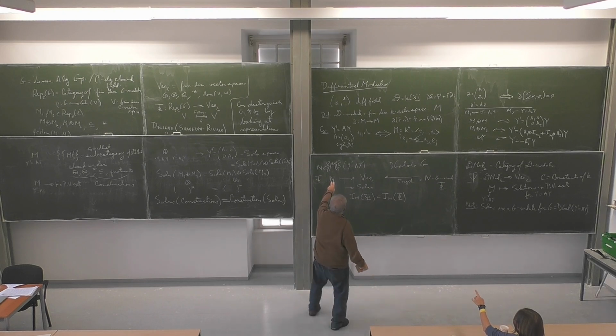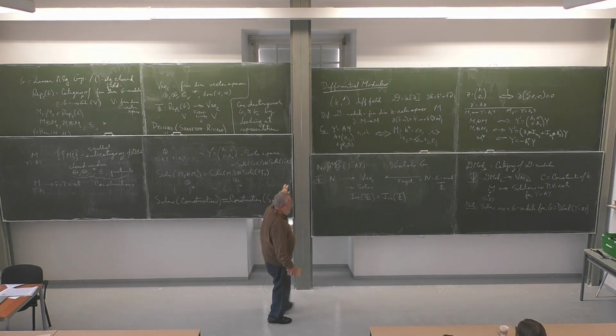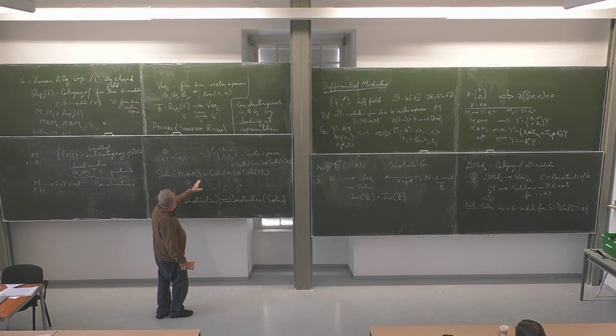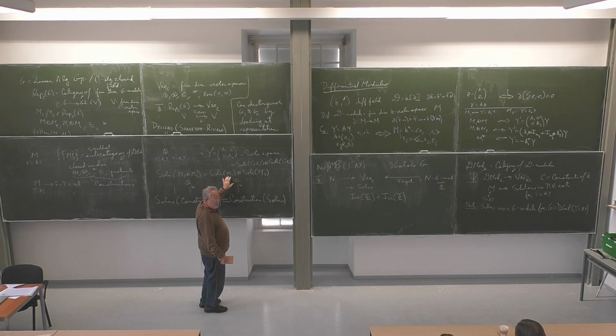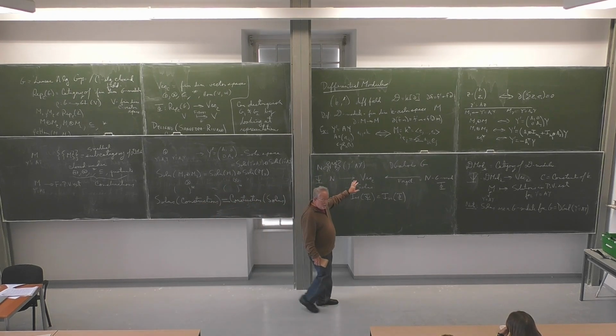So if I start with this, N is a G module, and when I form all these kinds of constructions, the solution spaces can be gotten from the solution spaces of the original objects. So G acts on them. Right.